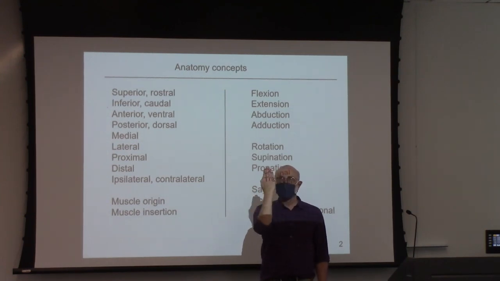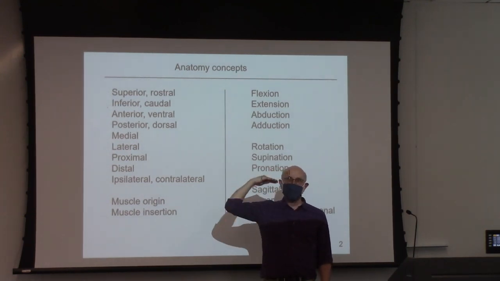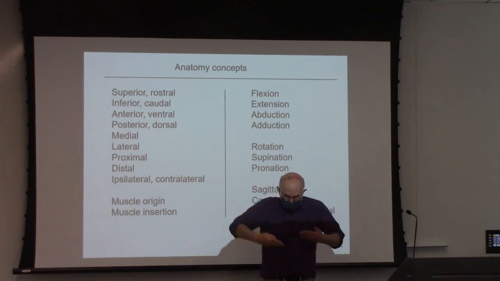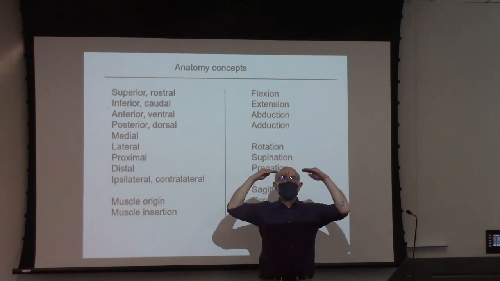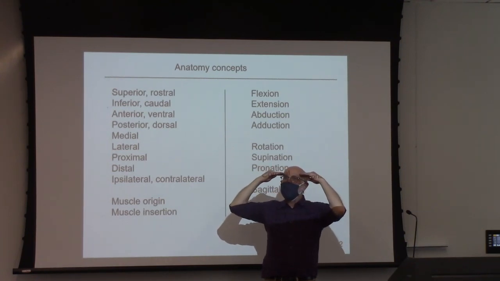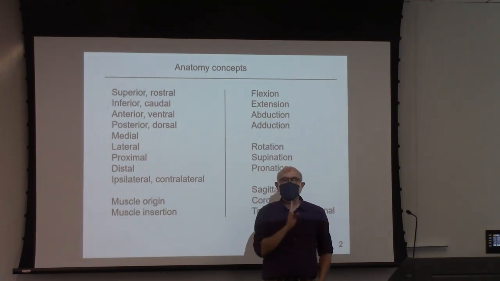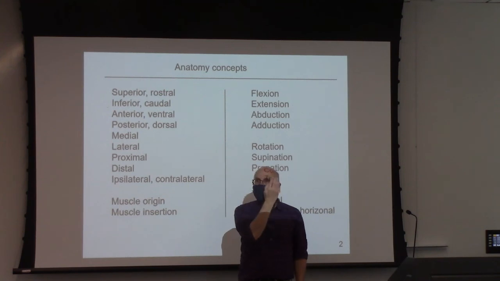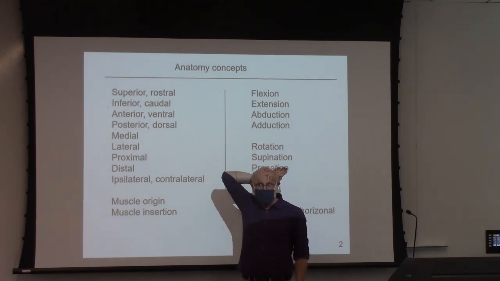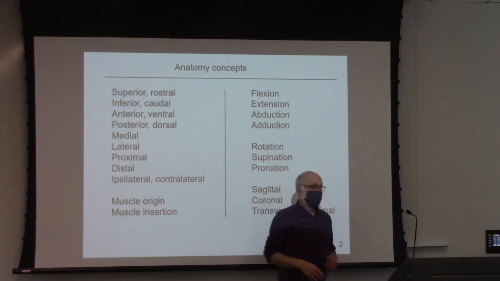Sagittal, coronal, transverse, or horizontal. So we could talk about a horizontal section through the abdomen, or a horizontal plane in the head. Sagittal, midline sagittal, lateral sagittal, right lateral sagittal. Anterior coronal, posterior coronal. Okay?